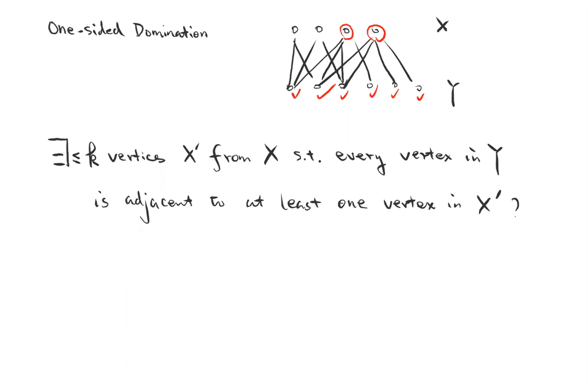Okay, so it's a one-sided domination problem. As a problem, it has a lot of applications in practice. For example, consider a student canteen at lunch. One side, X, may be different types of food: maybe pork, fish, egg, some kind of vegetables, maybe potato.